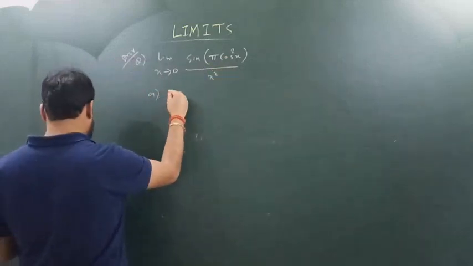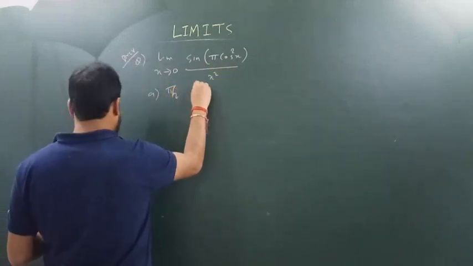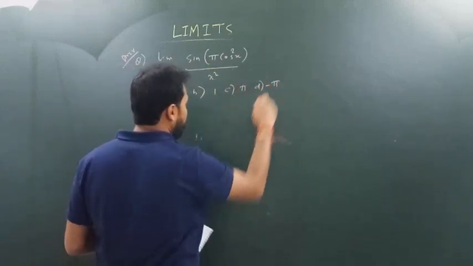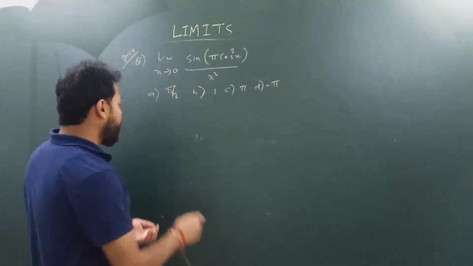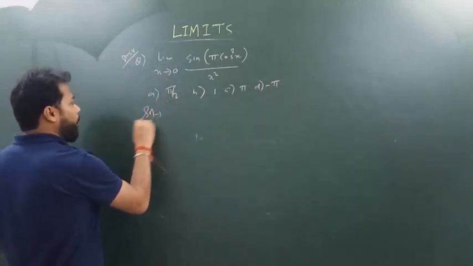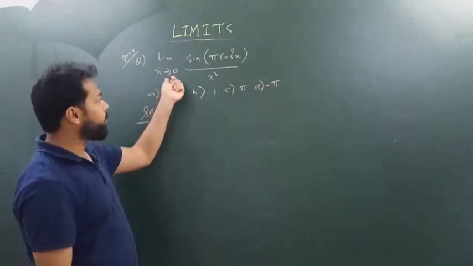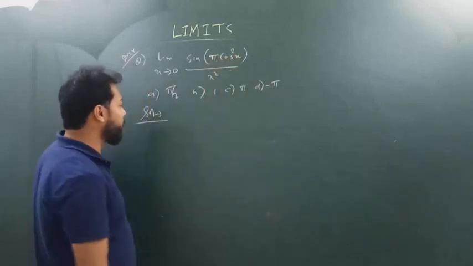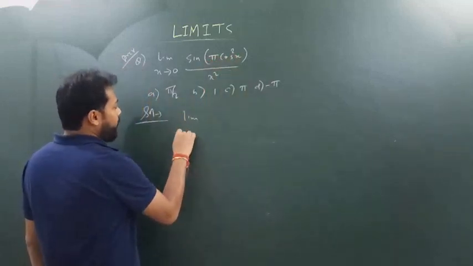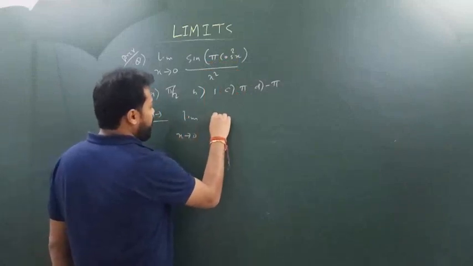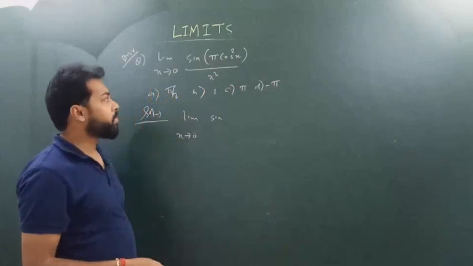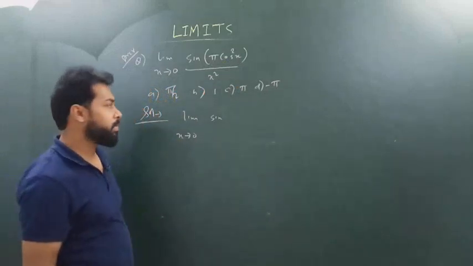Four options are there, which are pi by 2, 1, pi and minus pi. So we have limit x tends to 0, sine of pi cos square x by x square. Suppose this is theta.